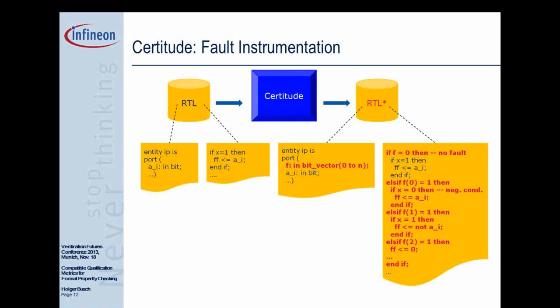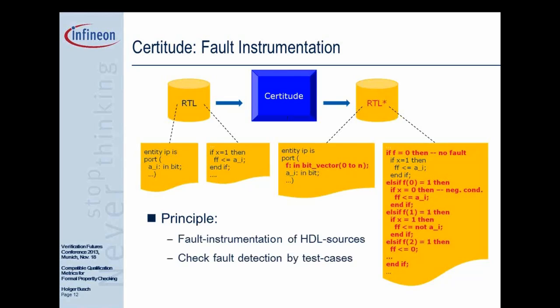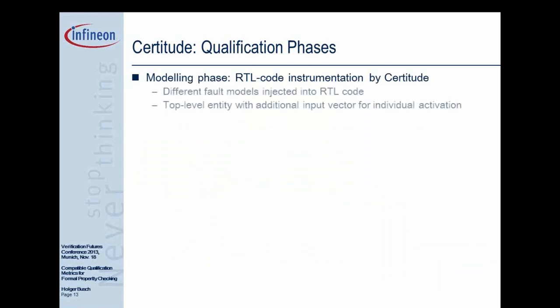It's normally considered to be one-hot, and then other elements of this fault vector will activate other faults. It's a quite simple approach, but it's not so trivial to implement for all HDL designs. And then the task is only to check whether all these activated faults are found by the test cases. That's the way it's normally used.